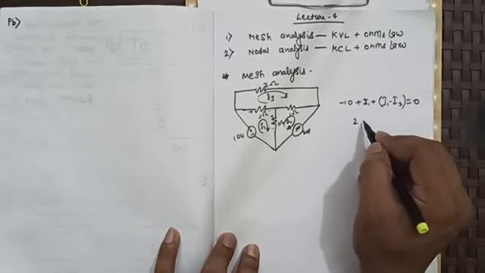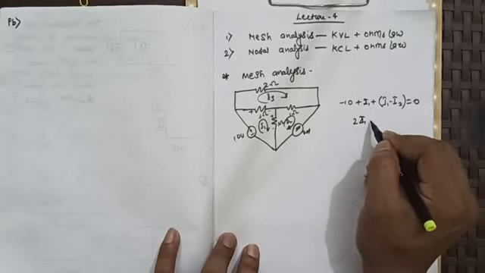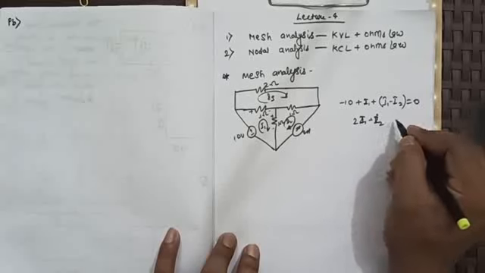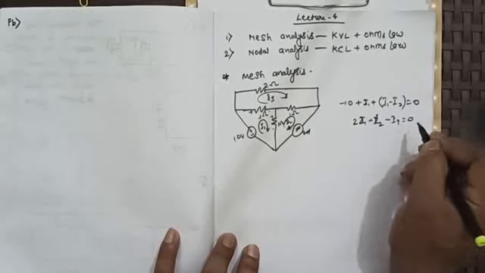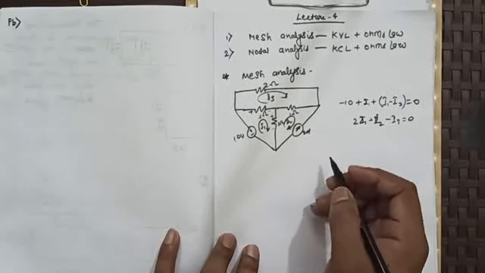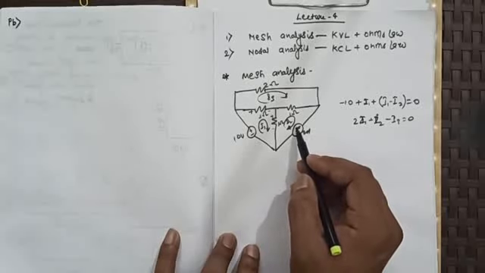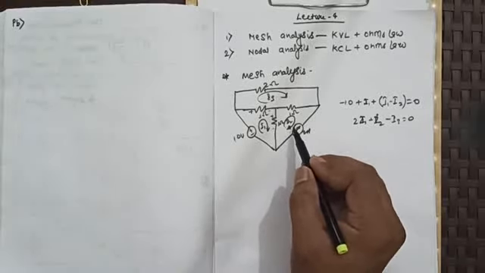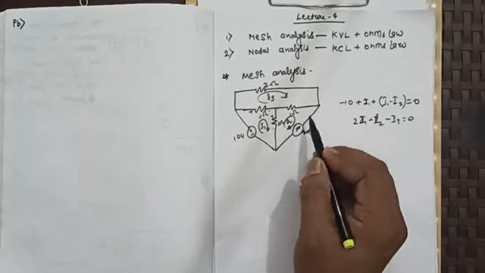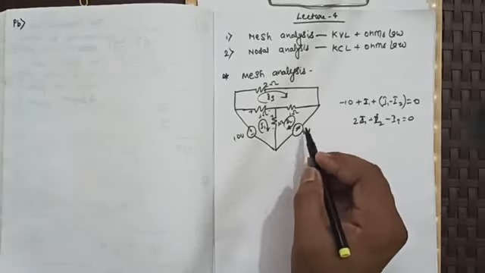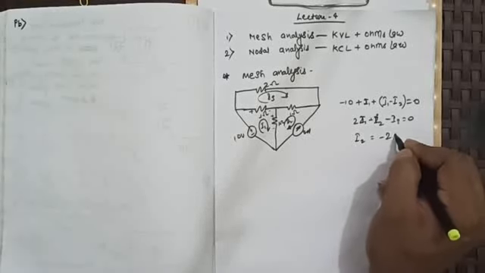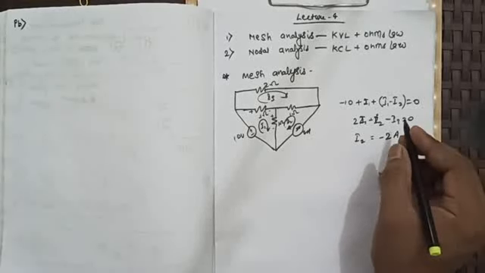From here we will have 2I1 minus I2 minus I3 is equal to 0, right? Now as we can see in mesh 2, I2 is equal to 2 ampere. Why? Because this is a current source. So I2 is equal to minus 2 ampere.